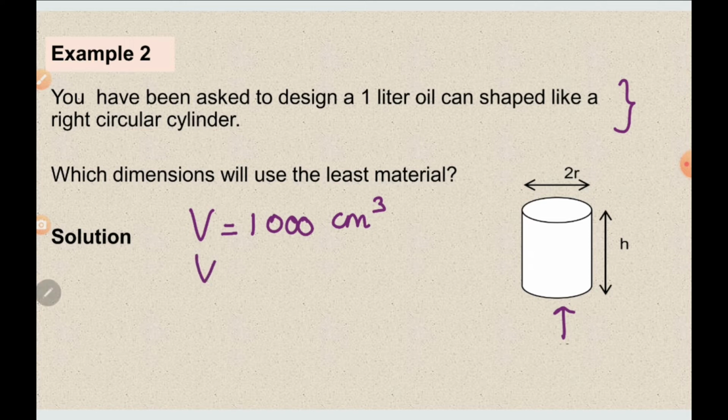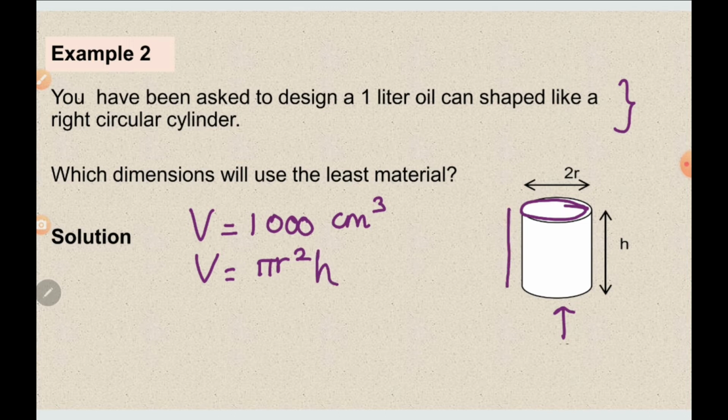So the formula for volume is equal to the area of the circle, which is pi r squared. Then you have to multiply with the height, which is h.